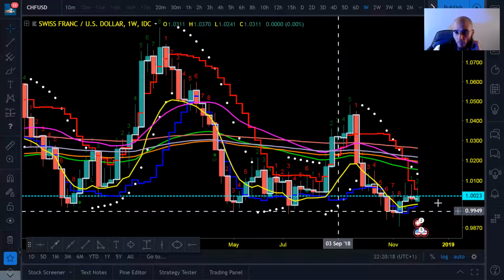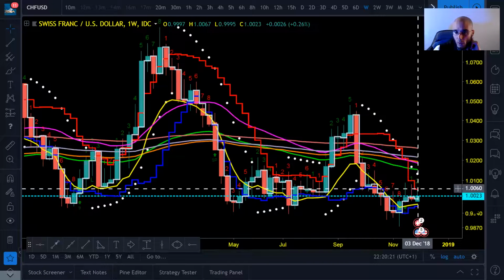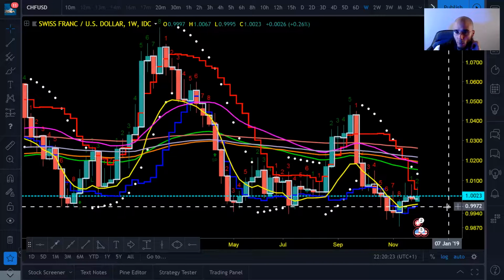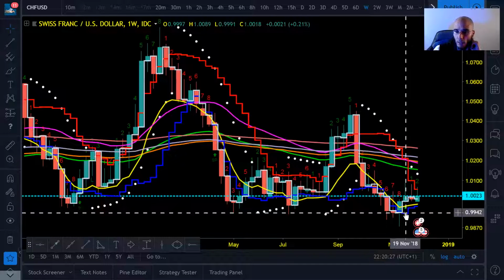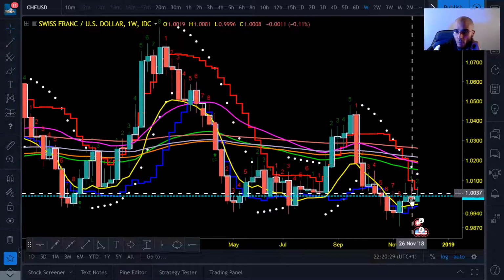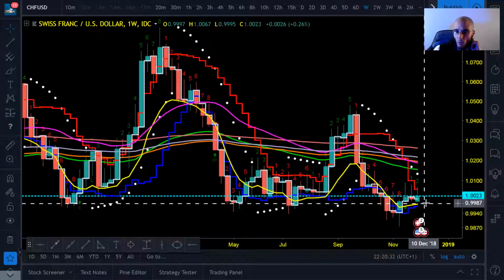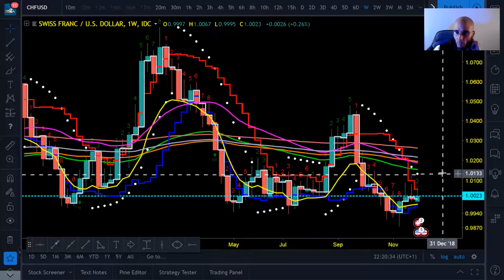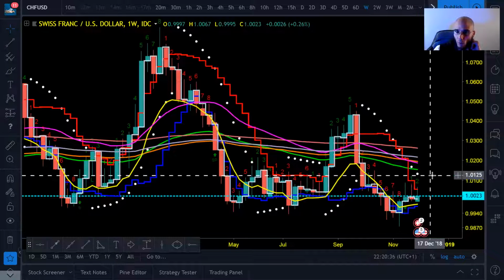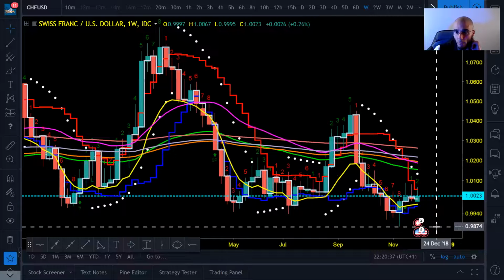Swiss francs is on a 2, but a 2 did not trade higher than a 1, so you should not be long. You should be in cash and wait what happens. You did hit a 9 here too, so it could be that that was only 1 candle reversal and then go lower. You could get 2 more candles of uptrend and then go lower, but you have to see.